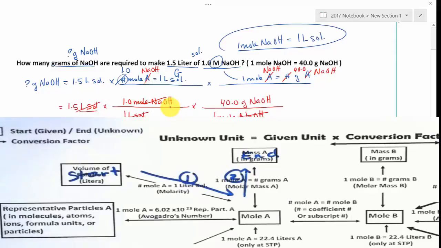So that turns out to be 1.5 times 40.0, which gives us 60.0 grams of NaOH. So to make 1.5 liters of 1 molarity NaOH, we need exactly 60 grams of NaOH, adding into 1.5 liters of water. Isn't that easy?